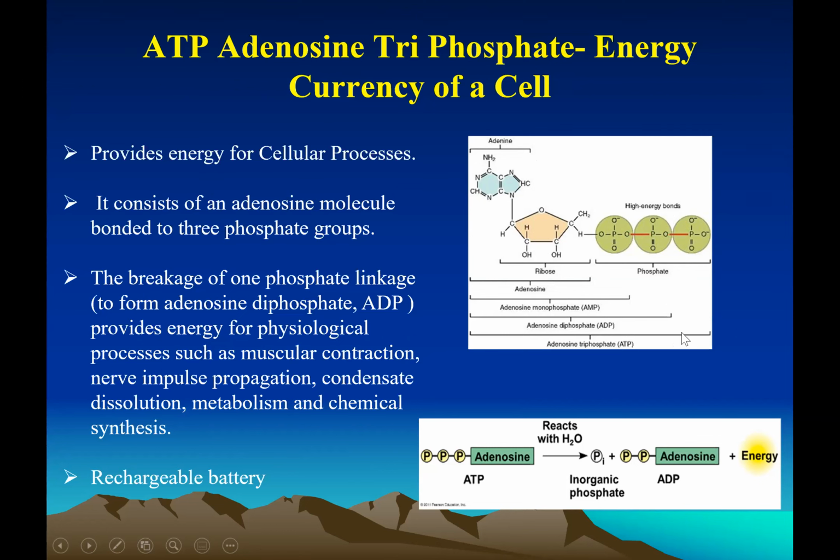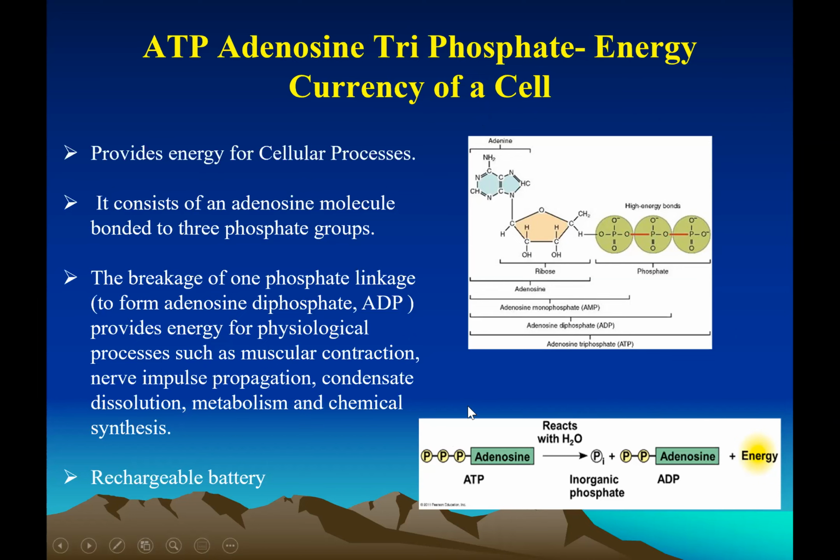A common analogy is a rechargeable battery. When we eat and consume calories and energy, it will charge up the ATP molecule. And then the ATP molecule in turn will provide the energy required for all the energy-requiring reactions that happen in our body.